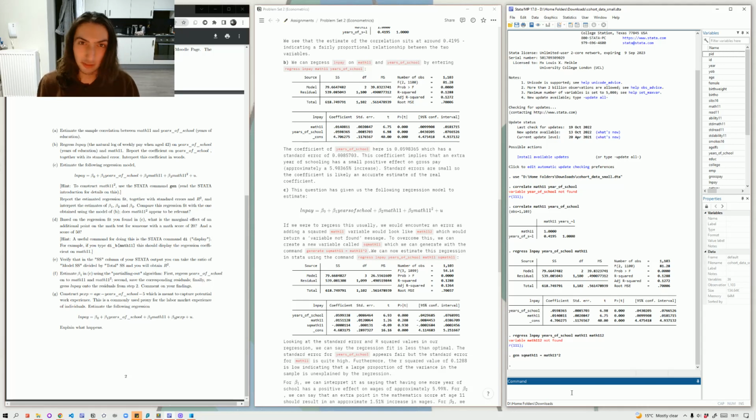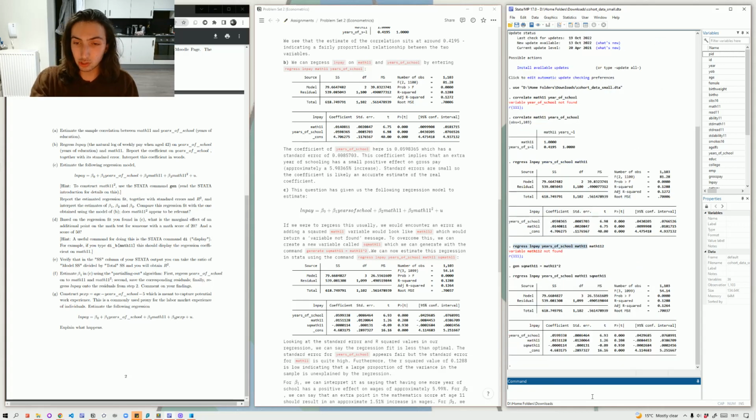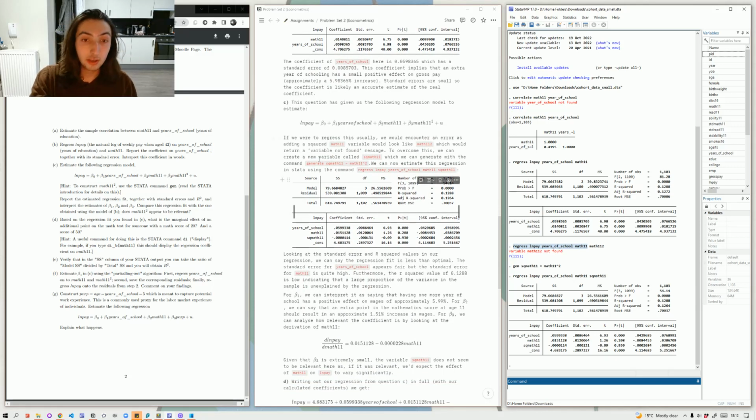And I've done it. It shouldn't pop up with anything. Now I can redo that. I'm going to copy because I'm lazy. Then I'm going to add in the squared Math 11, and you should get this. And if I did that right, it should match. Good. So it should look like this.